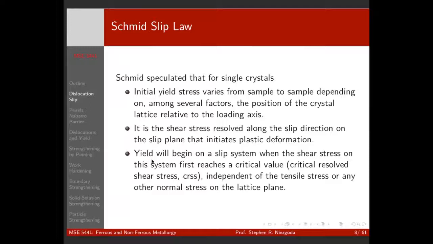And he said that it's the stress resolved along the slip direction on the slip plane that initiates plastic deformation. And that yield happens when you reach some critical value called the critical resolved shear stress, that's independent of the tensile stress or other normal stress on that lattice plane.